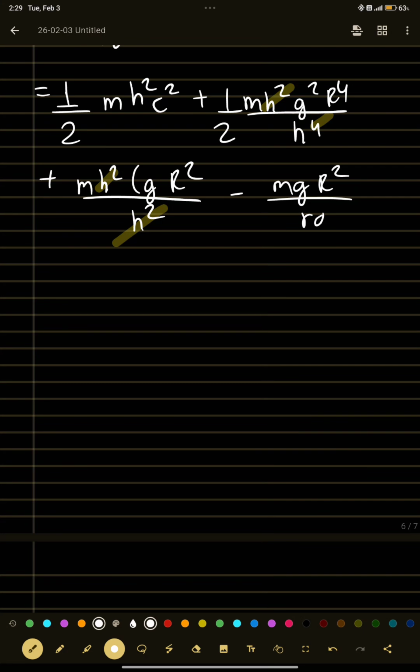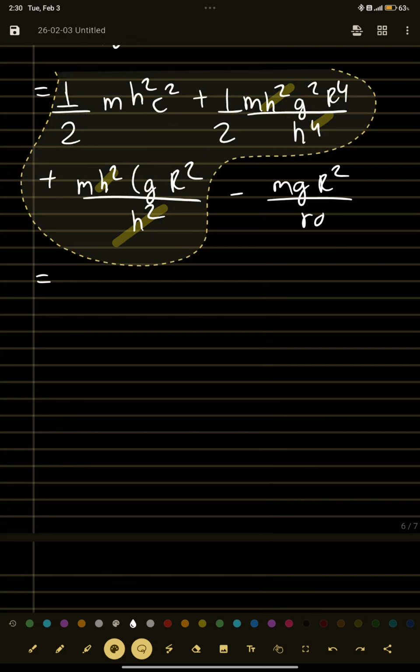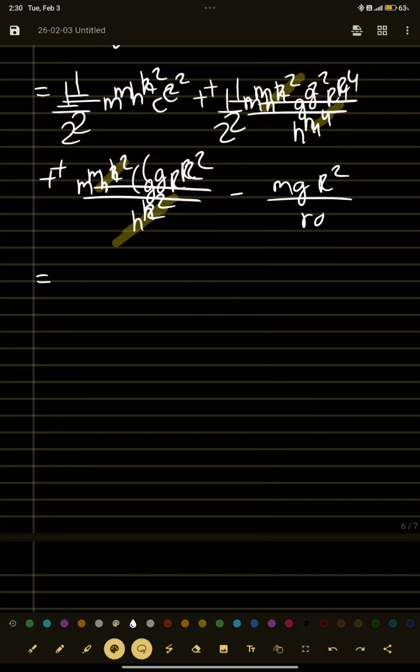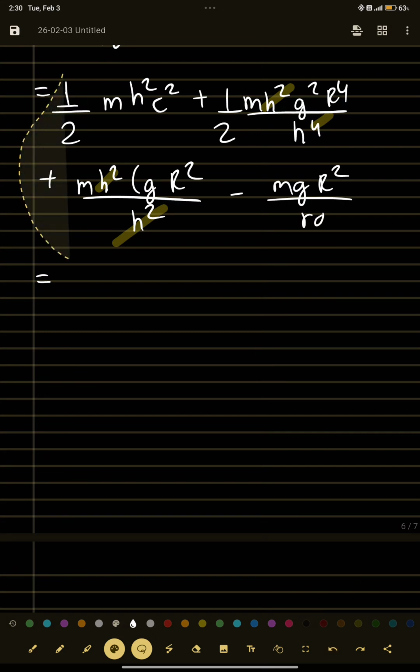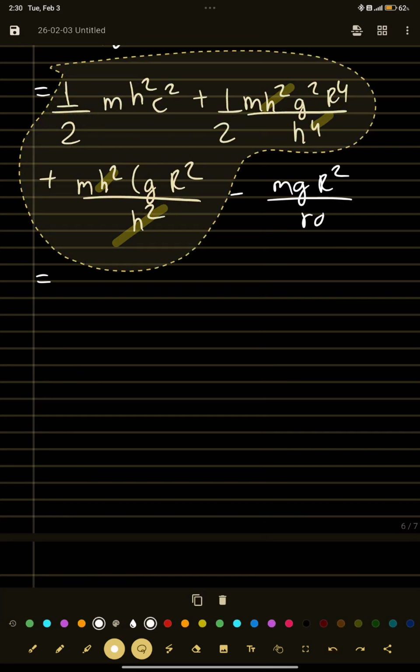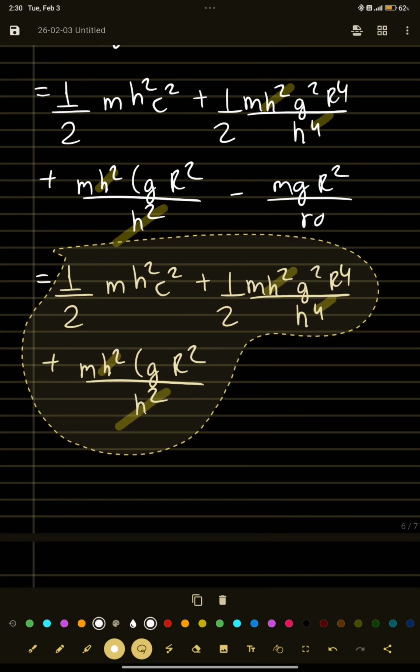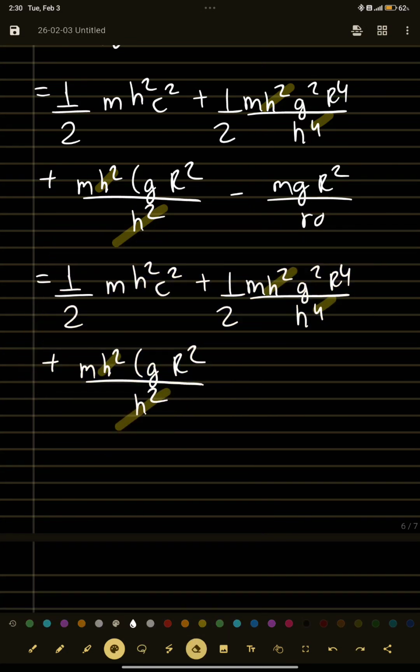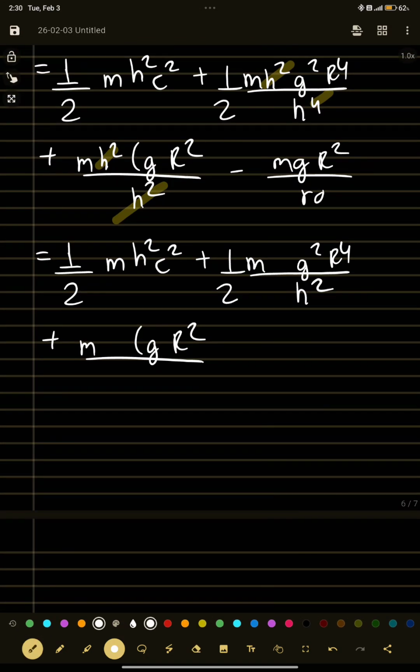So this you end up with mg square. So this part over here, this particular part you replace with this part.